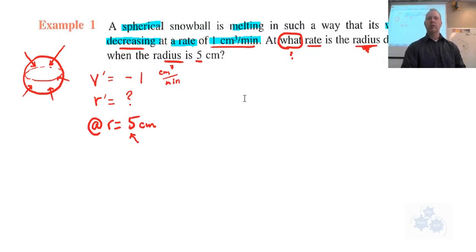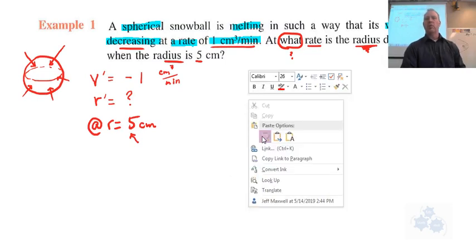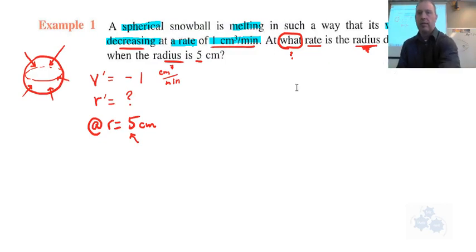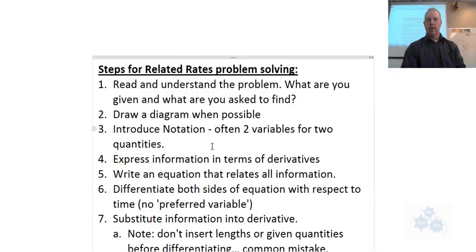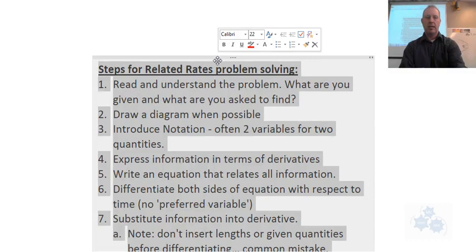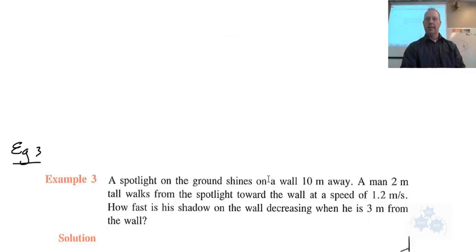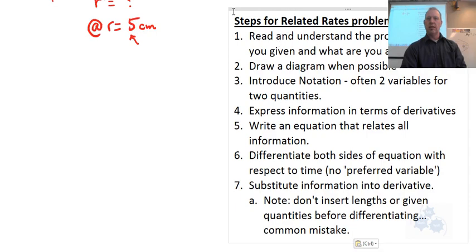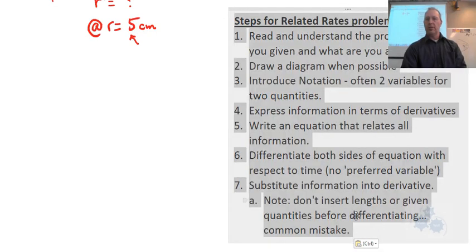I didn't want to bring these in too early to overwhelm you, but I may as well bring them in now. When you see these steps, hopefully you'll understand a little bit about what we're doing here.